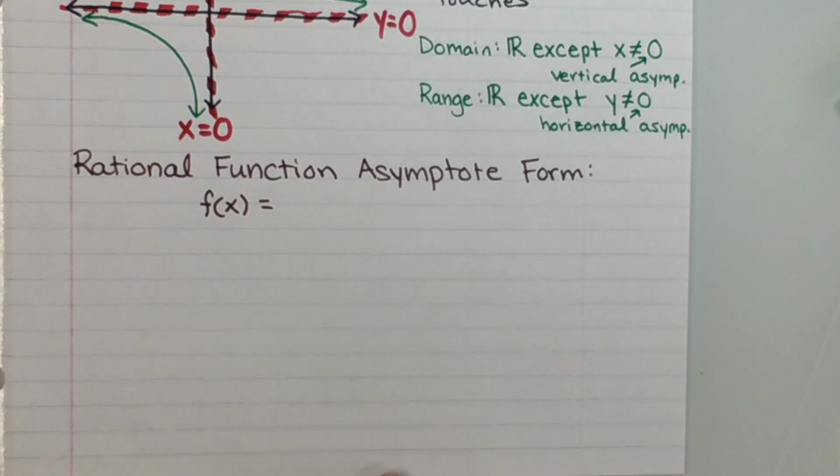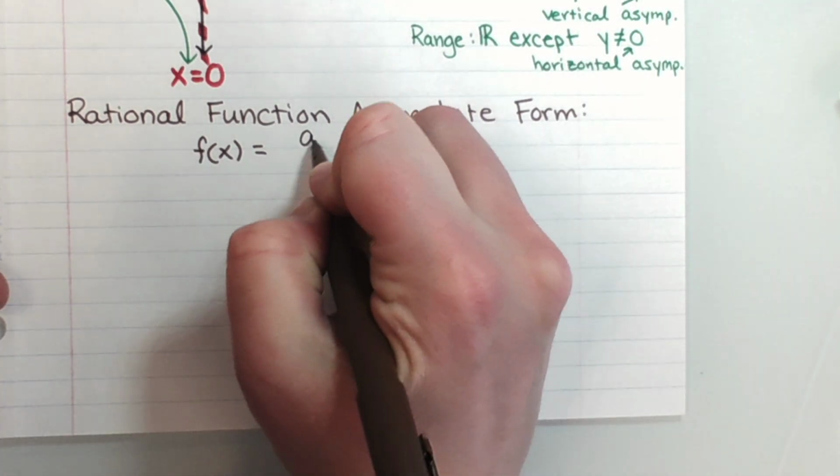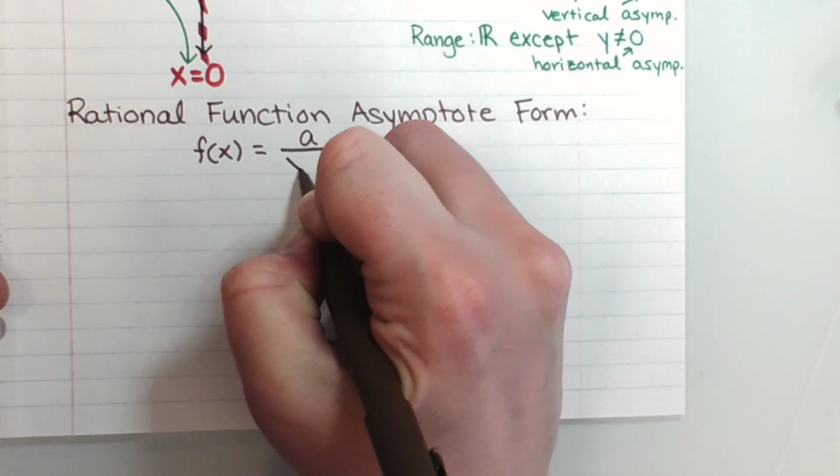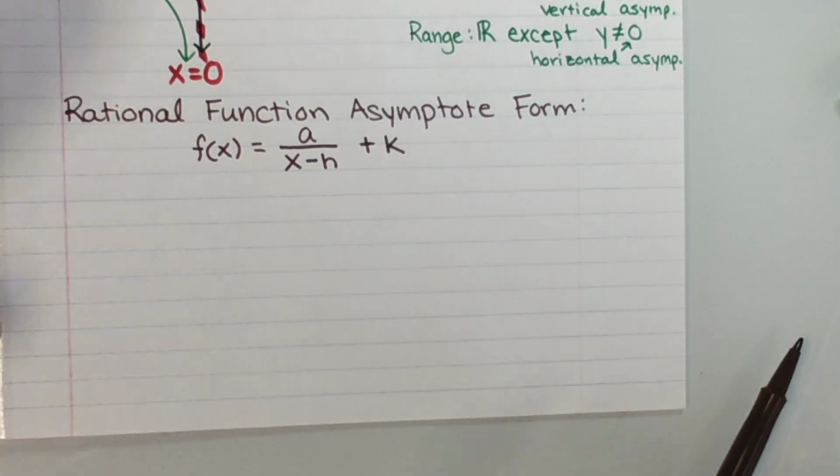Asymptote form looks like f of x is equal to a over x minus h, plus k. Does anything look familiar about this?